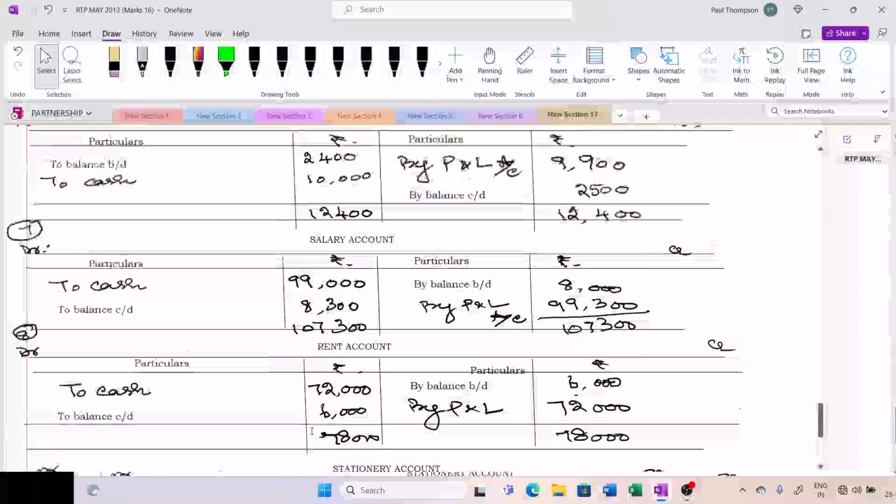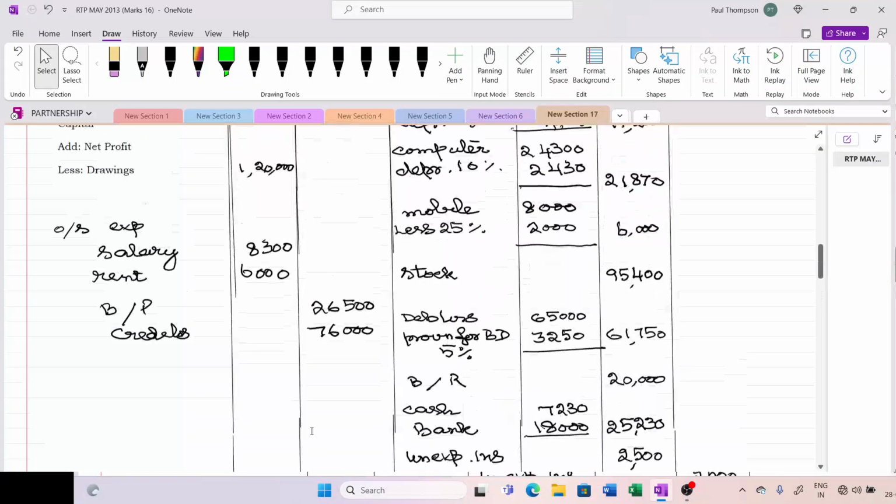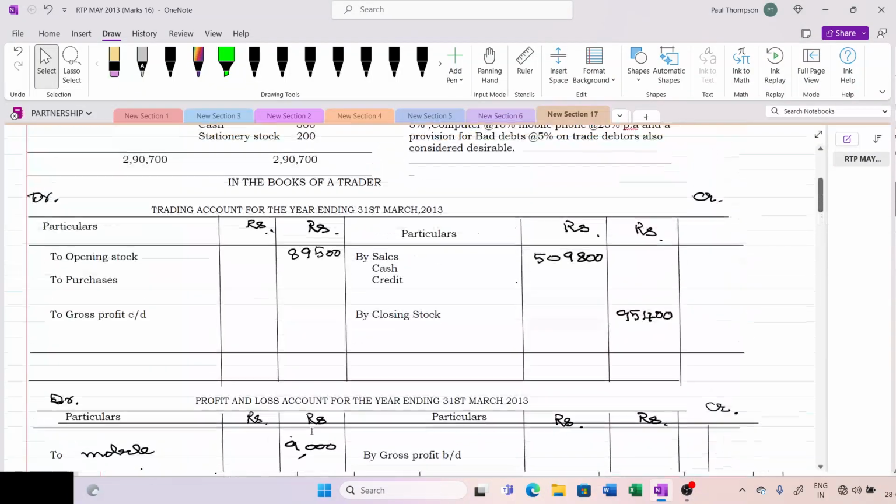Now we will be posting all these things to our P&L trading account. Purchases, what was the amount? 413,500. Credit purchases was 413,500.